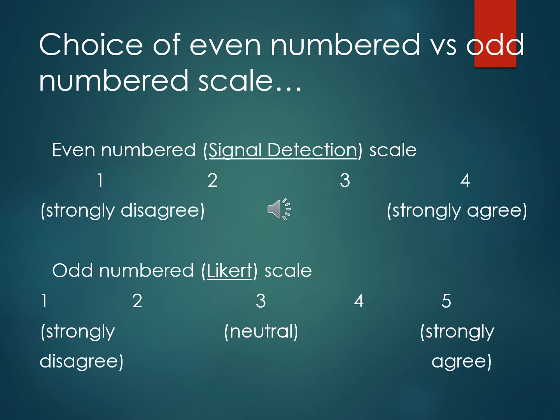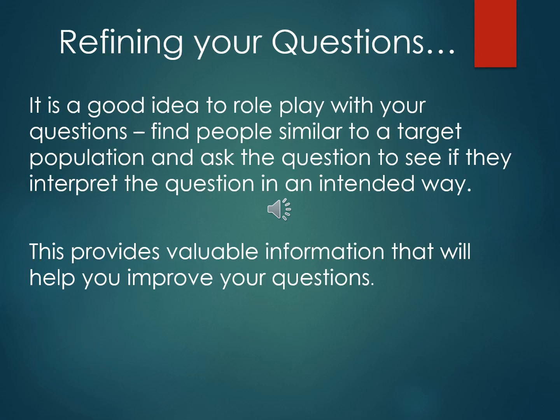So which one is better probably depends on your assumption about what kind of people you have and what the prevalent responses are. You need to think about both pros and cons when selecting either even numbered or odd numbered scales. In constructing a survey, it's very important to pilot.